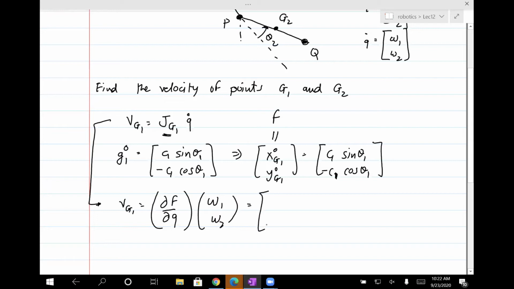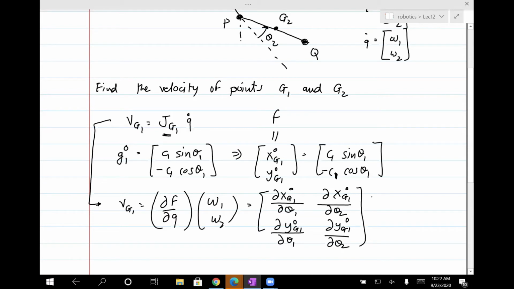Since f is xG1, yG1, I can write this as a matrix: dxG1/dtheta 1, dxG1/dtheta 2, dyG1/dtheta 1, dyG1/dtheta 2, times omega 1, omega 2.